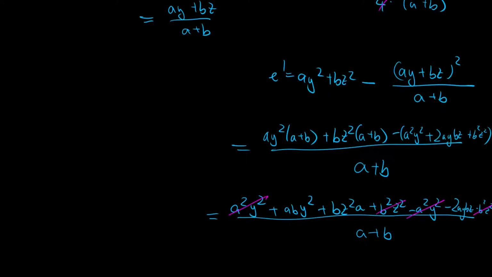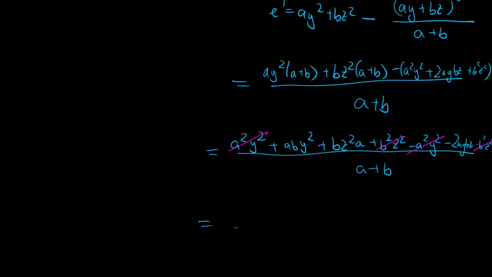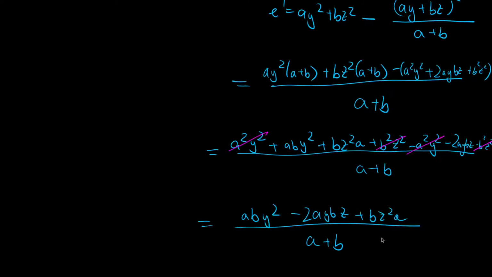And then let's write down what we are left with, the fraction over a plus b, and we have aby squared, and I will just rearrange it a little bit, putting this into the center of this summation. So we have minus aybz plus bz squared a. And we see we have common factors in all of the three summands here, which is ab.